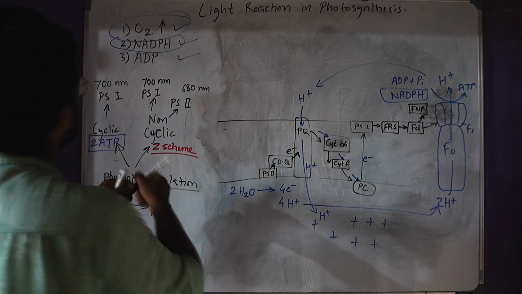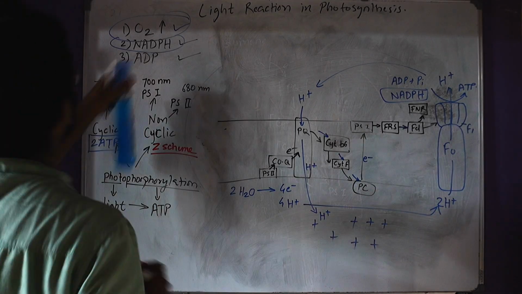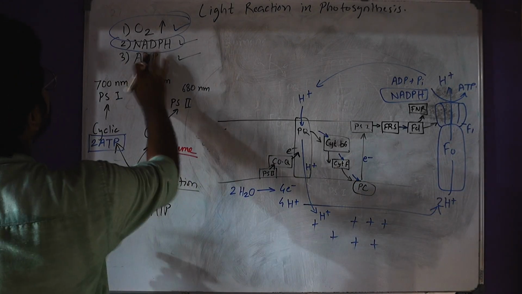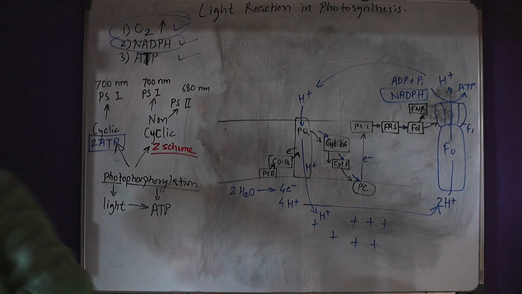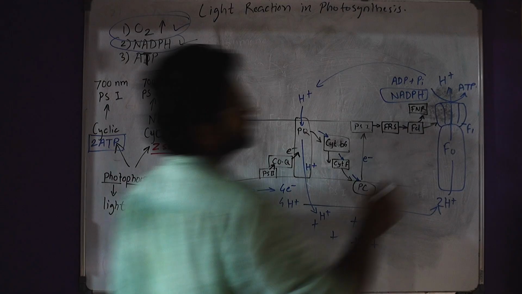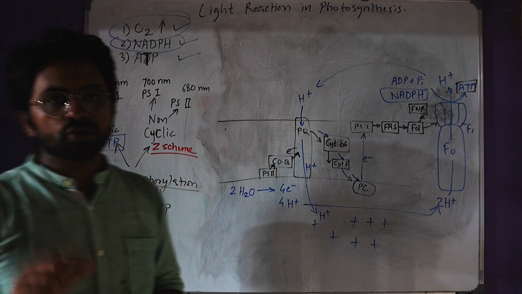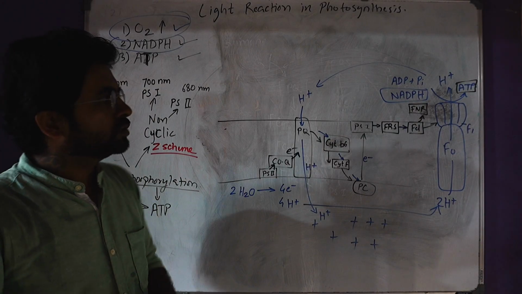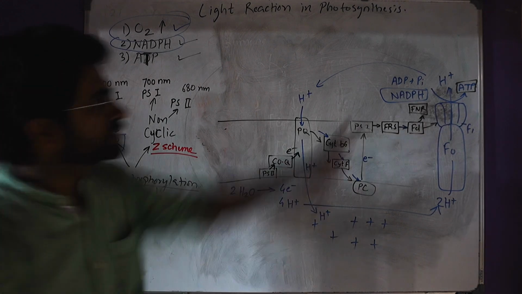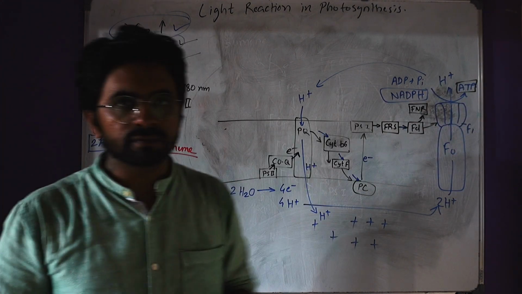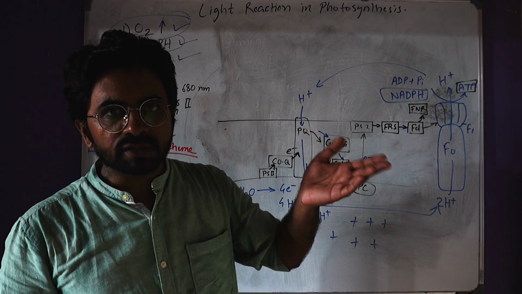Oh, sorry, I have written ADP here. It should be ATP. Okay, so NADPH is also there, ATP is also there. So now we have achieved our products of light reaction. These are the two main products of light reaction. Okay, now these two products will be used in dark reaction for carbon fixation.